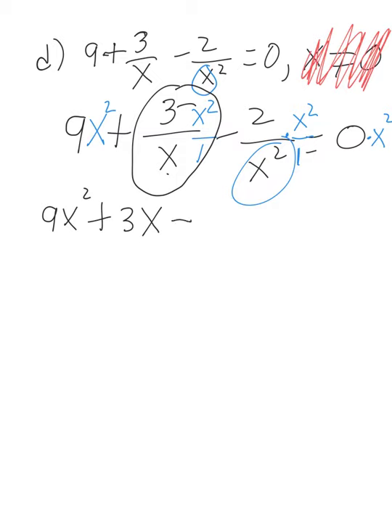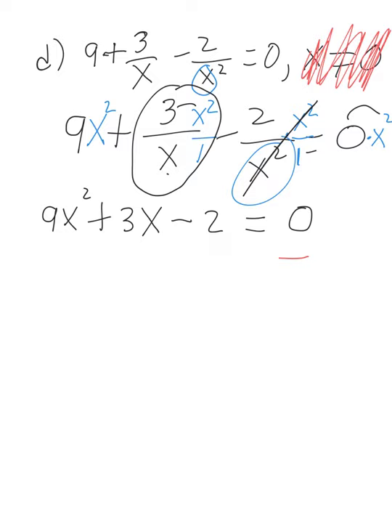Bring down the minus. These x squareds cancel, and I'm left with a negative 2 over 1, or a negative 2, equals 0 times anything, which is 0 again. So now I actually have a quadratic equation. I have 9x squared plus 3x minus 2 equals 0.